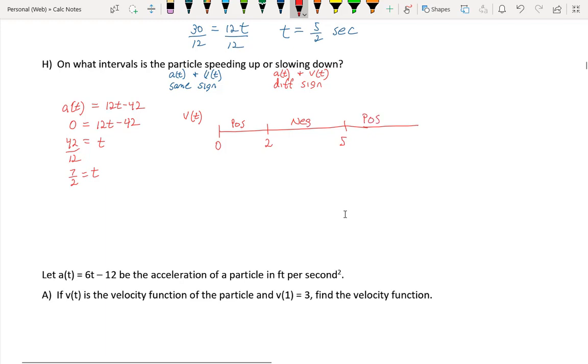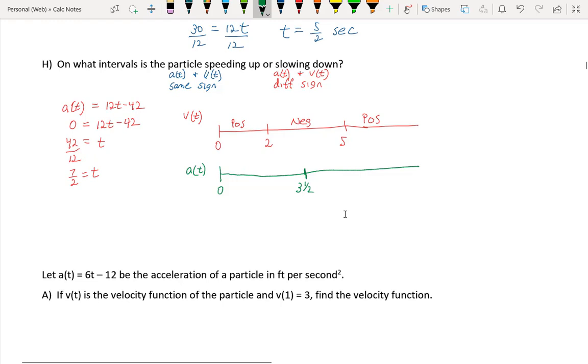Alright, and then we'll do a of t right underneath that. Now I'm going to try and keep everything lined up nice and neat here. So I'm going to still start at 0. Nice line, huh? So now 3.5 is going to be right here. Okay, so this is 7 halves, but I'm going to write it as 3.5 for now, just so you can kind of see where it falls.